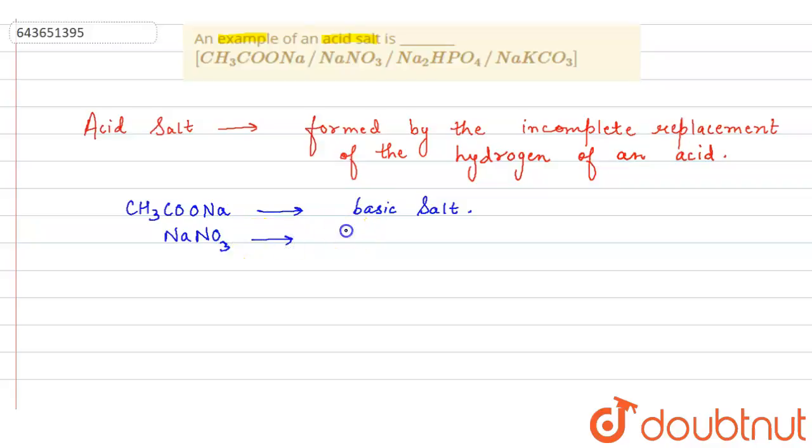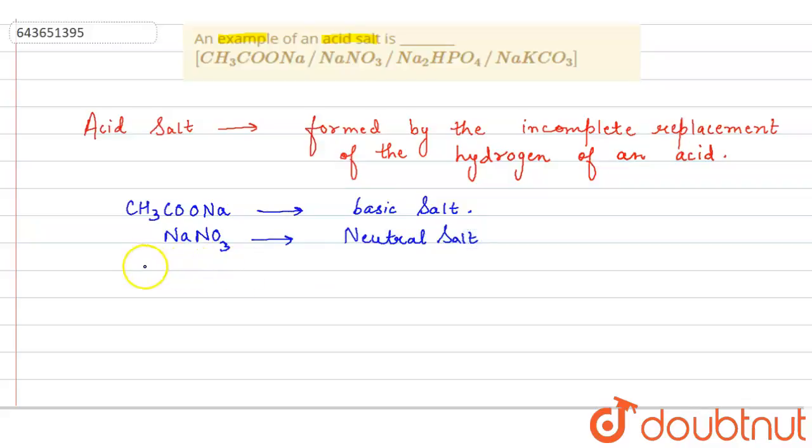now this is basically a neutral salt. It is a neutral salt. Then we have Na2HPO4. Right. Now we know that H3PO4 is phosphoric acid. It is an acid.